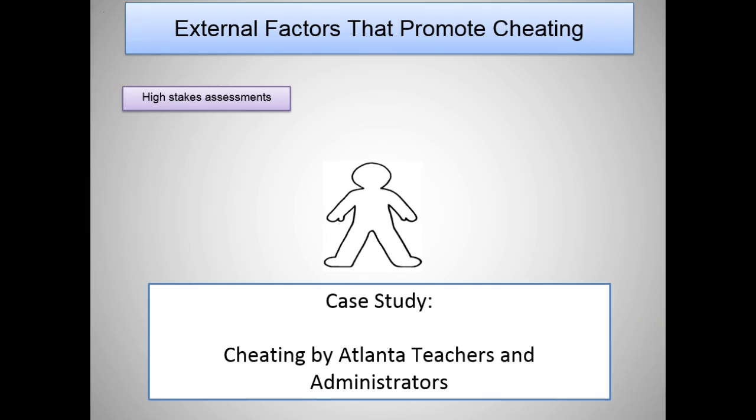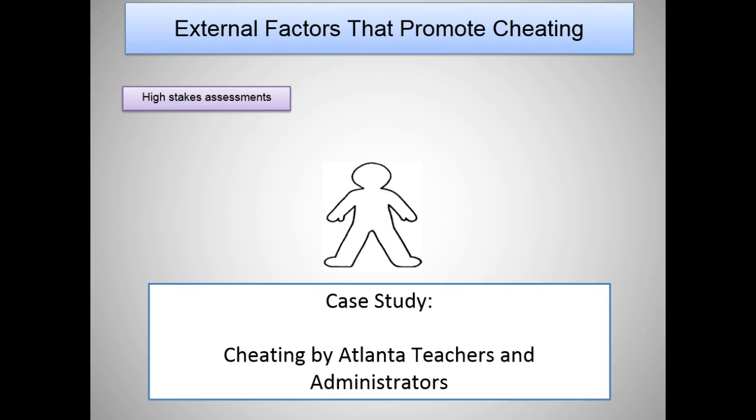And we might wonder, why would teachers and principals do this? Well, one of the reasons might be that these tests are extremely high stakes, right? Teacher performance evaluations may rest significantly in some cases on the percentage of students who score at certain levels on standardized tests.